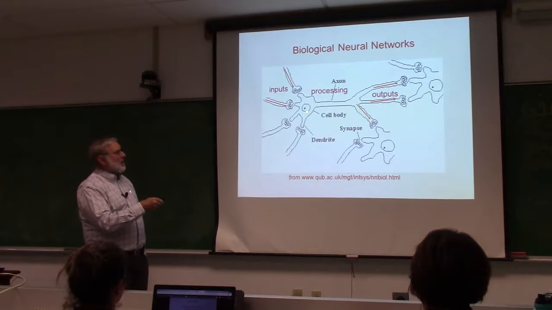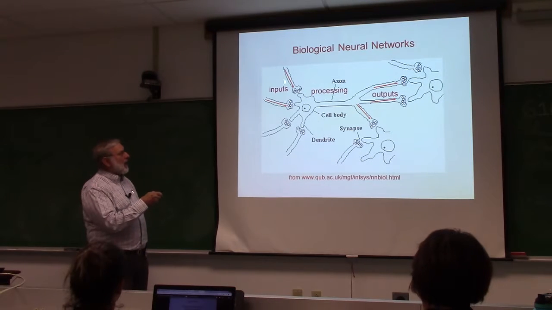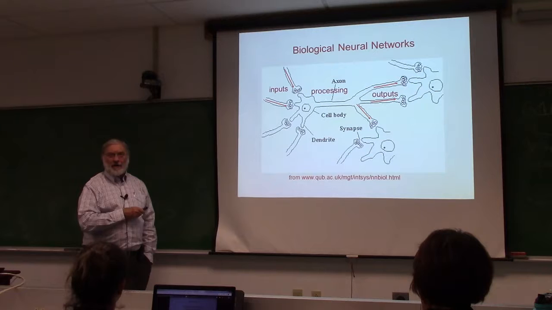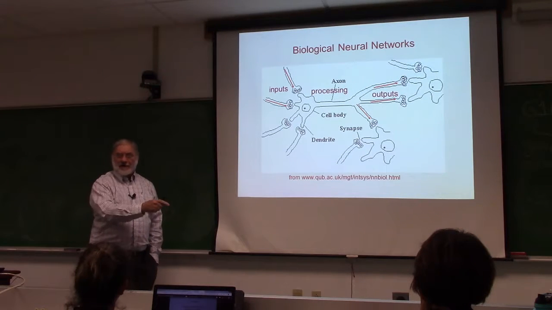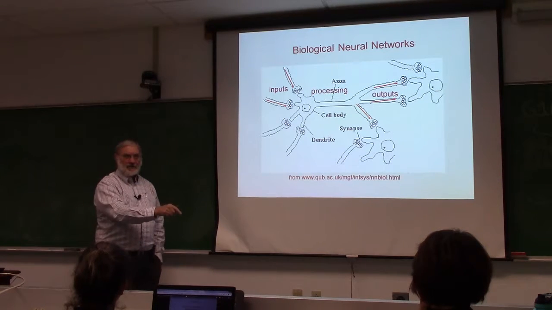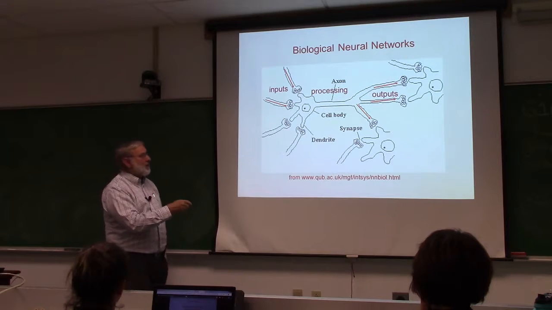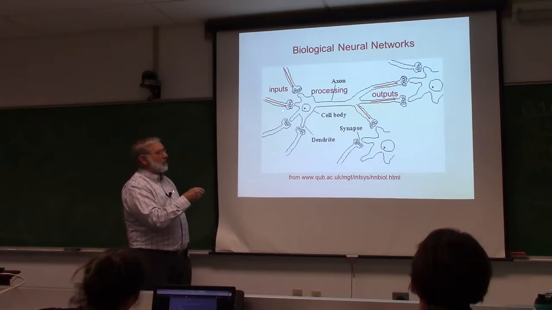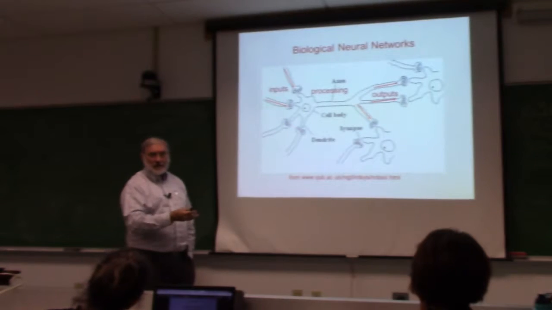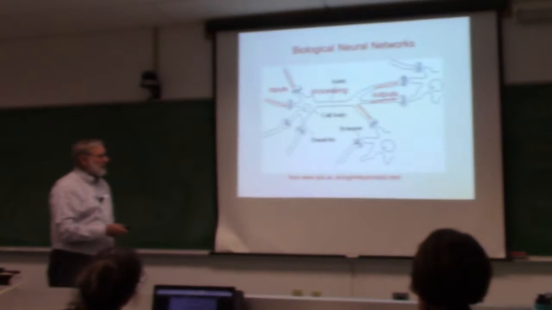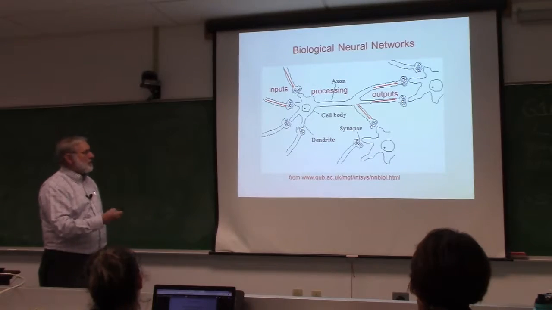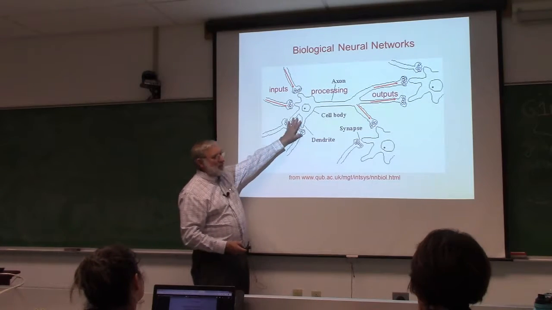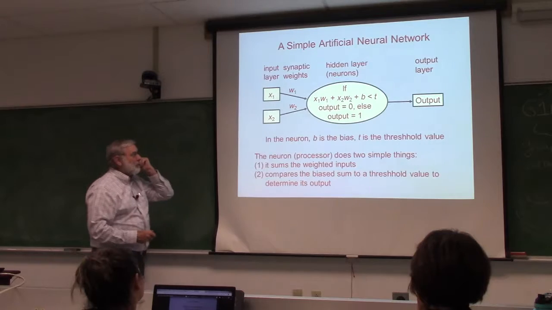Then this cell has to make a decision. I've received input from two cells. Do I want to also fire and send an output downstream to my neighbors? If it does, then it says, okay, fire, and it'll send output along the way to the nearest neighbors. And if it decides that these are not important enough to fire, then it doesn't do anything. That's the whole idea of a neural network, and we're just going to simulate this now on a computer.